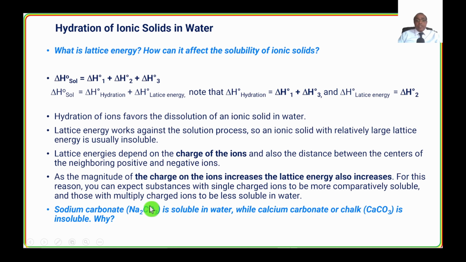So we can explain it that way. From +1 to +2, which means we are increasing the charge of the ion. As the charge of the ion increases, lattice energy increases. As a result, the solubility decreases. That's why chalk is insoluble in water, but sodium carbonate is soluble in water.